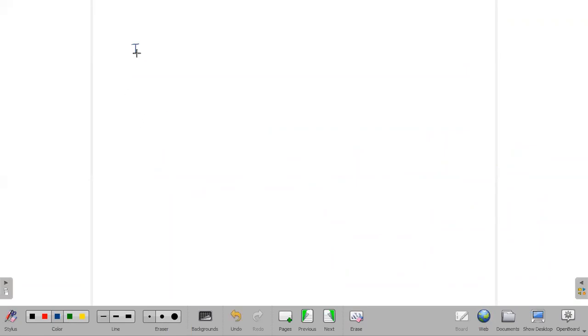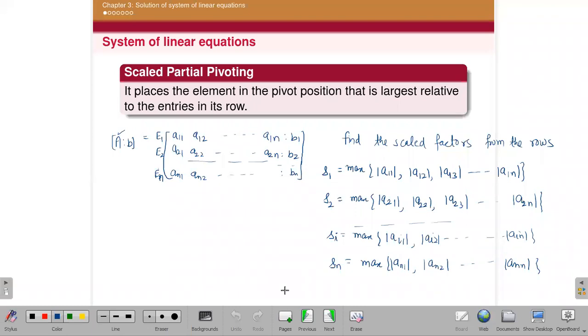So what is our second step in scaled partial pivoting? Take the ratio, because now we have to use Gauss elimination, meaning we have to make these elements 0. The procedure is the same as in Gauss elimination, step by step. First you have to change this element to a stronger pivot element.